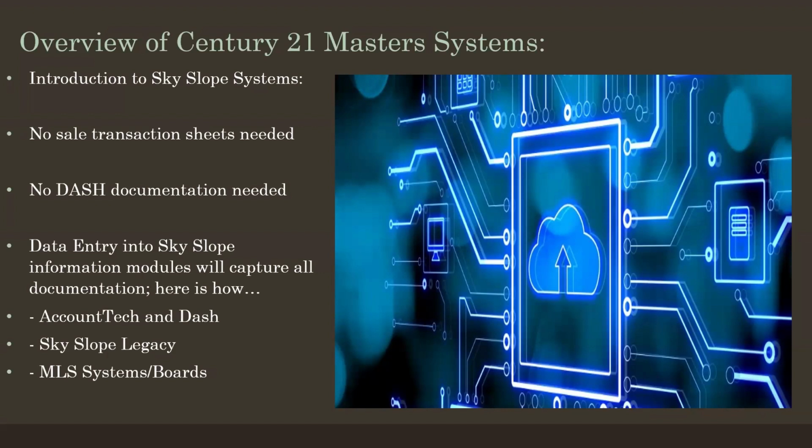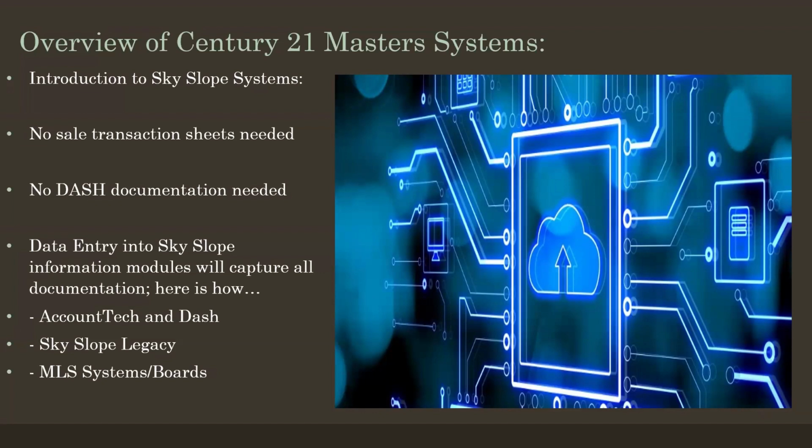What happens is that our technology for our financial application, which is called Caltech Dash, talks to the MLS and Skyslope. That information is pulled into our financials. Skyslope also talks to the MLS and it talks to Caltech Dash. In addition to that, the MLS systems and boards.